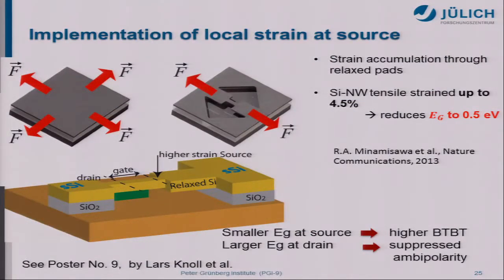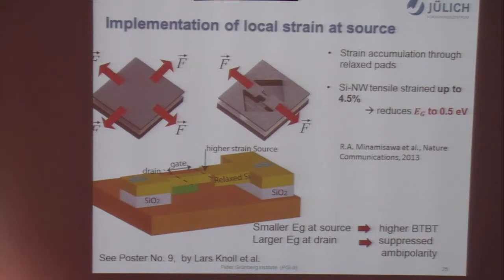For the strain, we use the concept developed by the PSI group in Switzerland. What they did, they started with biaxial tensile strained silicon on insulator. Then they patterned nanowires with 2 large pads. After that, they etched the oxide below, and in this case the strain in the pads will be relaxed, and the strain in the nanowire will be increased.